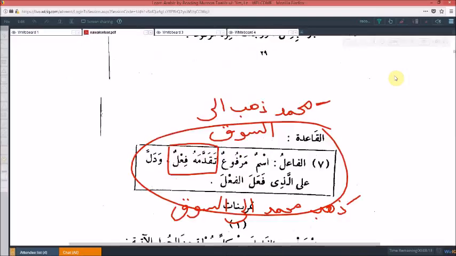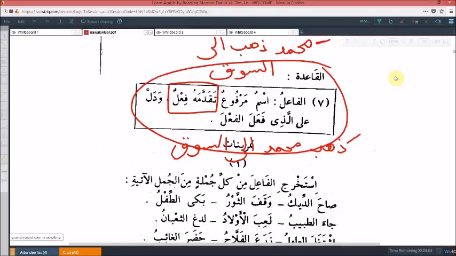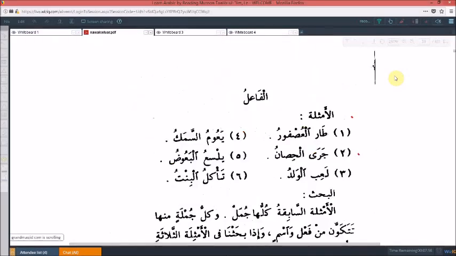So a fa'il is preceded by a fi'l. Let me see if we can get an example here. Probably need to go up. Yeah, there we go. Tara al-usfur, the bird or the sparrow flew. Jara al-hisan, the horse ran.